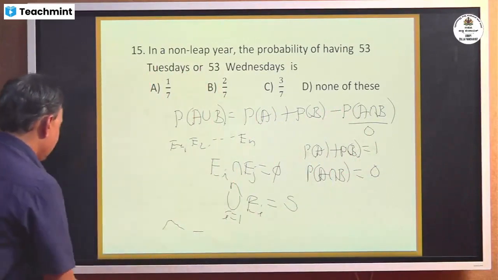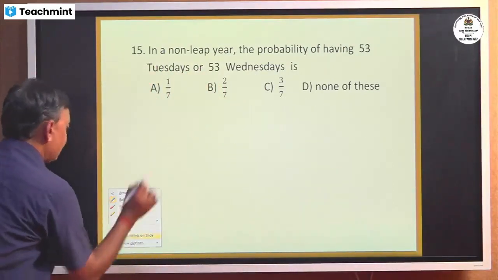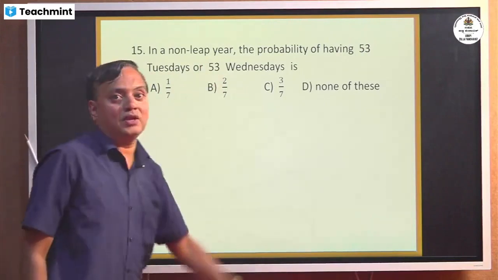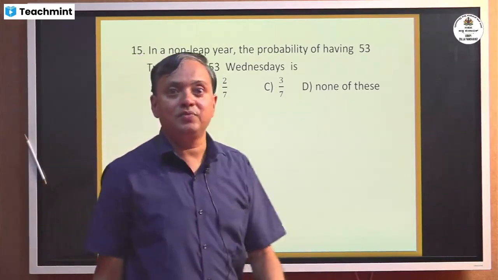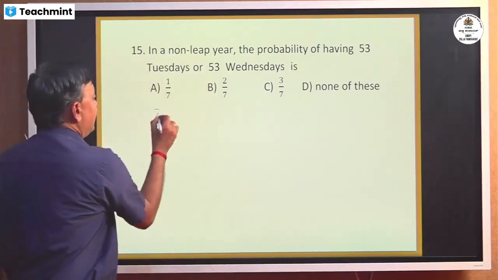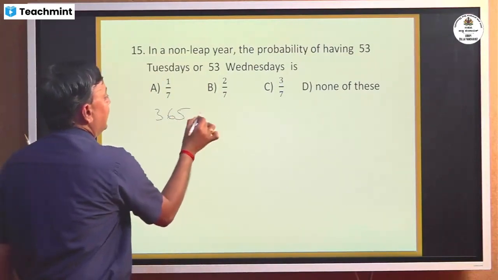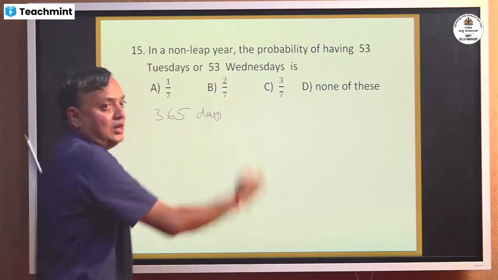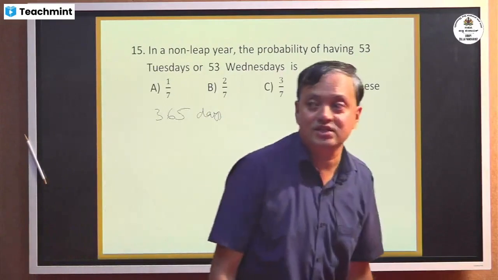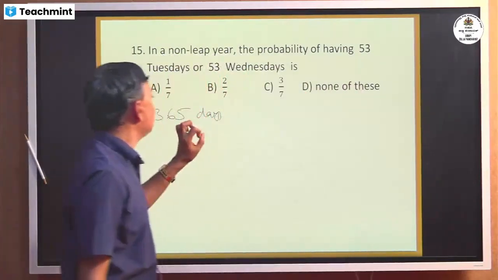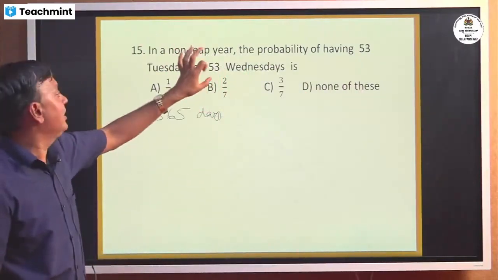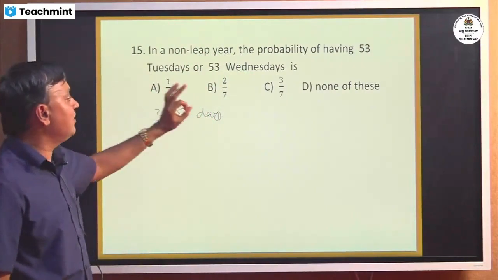Now in this question, in a non-leap year, we know the number of days is 365, correct? In a leap year there is one more extra day, 366 days, but here it is 365 days.